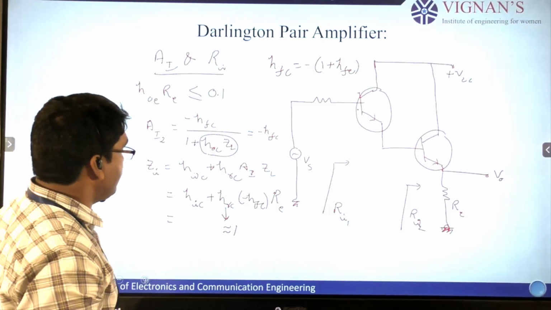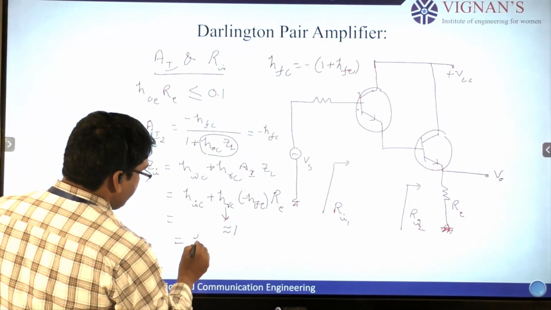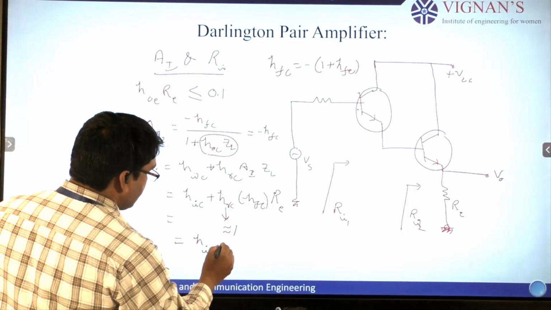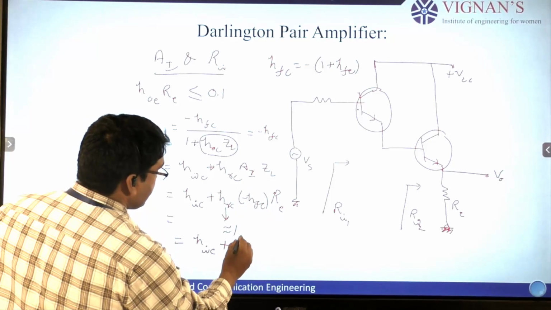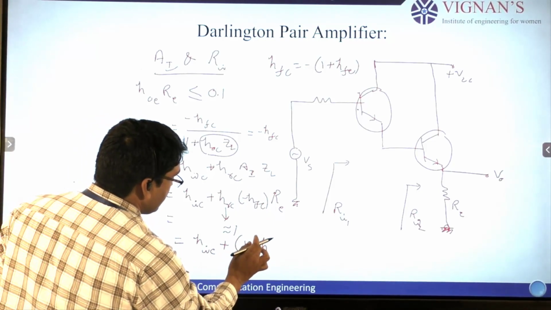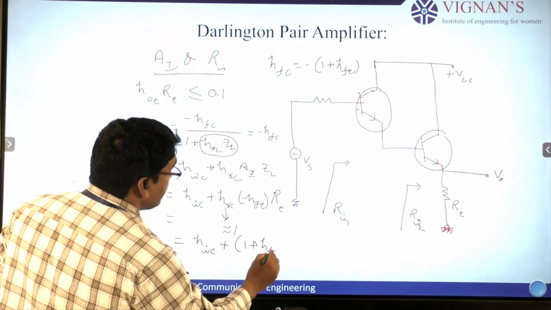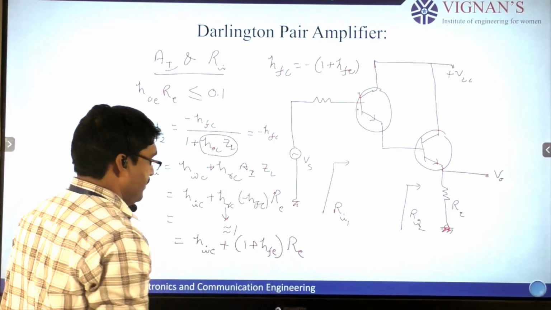By substituting all, we get Zi equal to hic plus, minus and minus get cancelled, 1 plus hfe of Re.